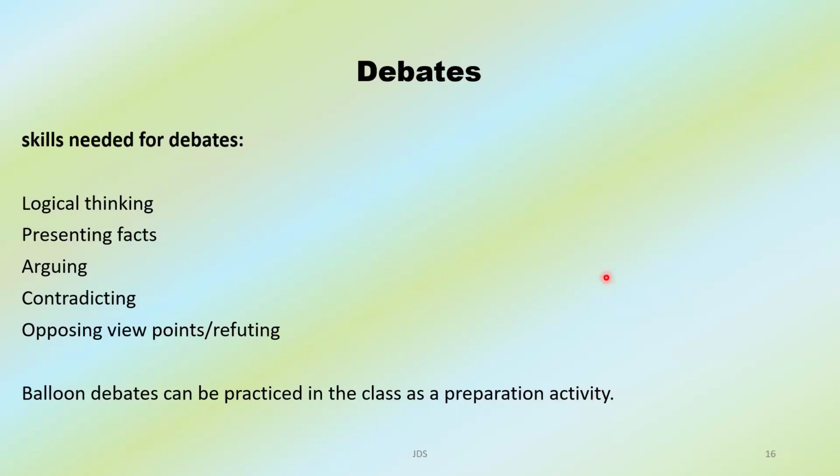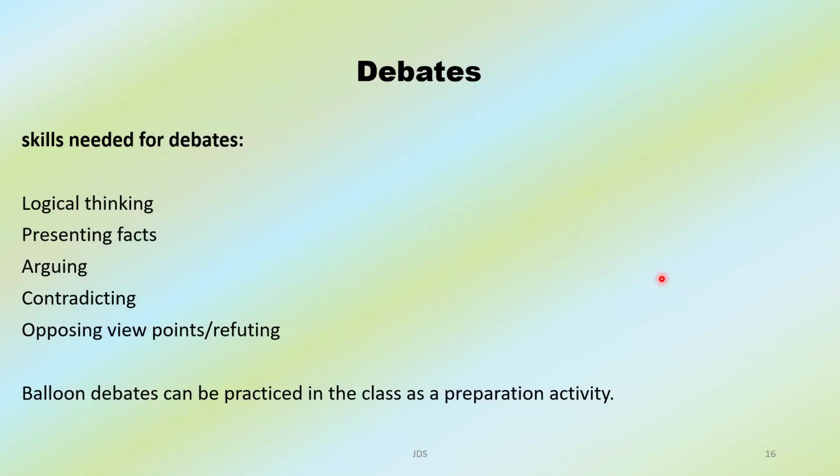Balloon debates means that with 4 or 5 characters, the teacher needs to assign the characters. Imagine that 5 people are traveling in a hot air balloon. Those 5 people can be a doctor, an accountant, the president of a country, a pregnant mother.